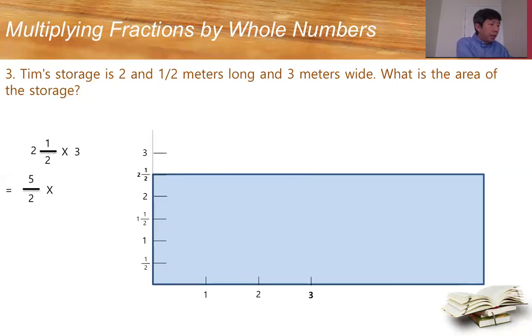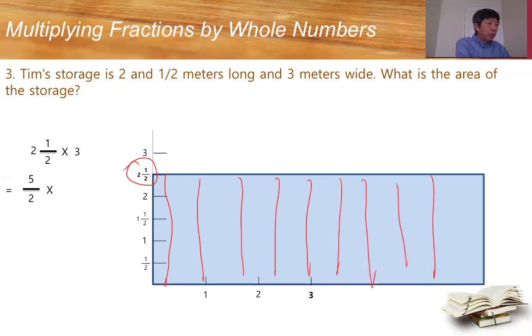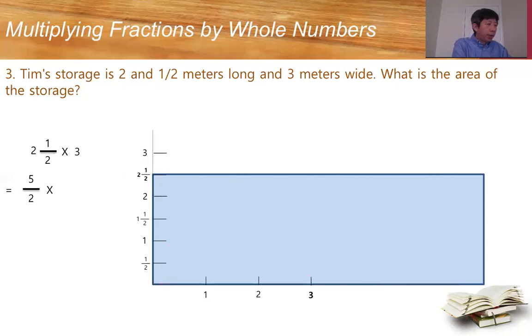This is 2.5, the lengths are like this, right? These are all the lengths I use in one color. These are all lengths of 2.5, right? And then when we multiply, we get the area, right?